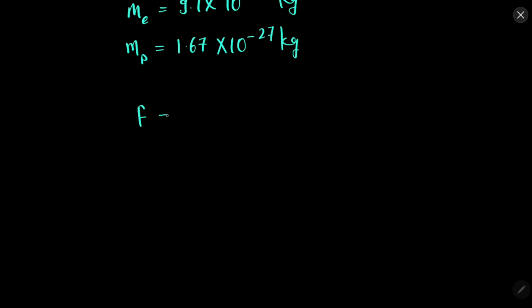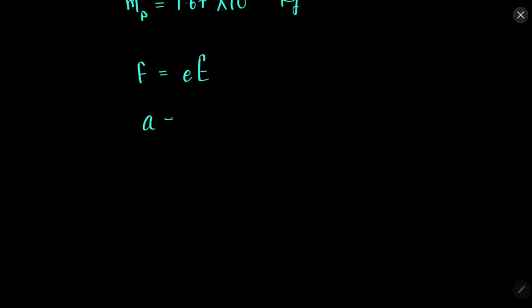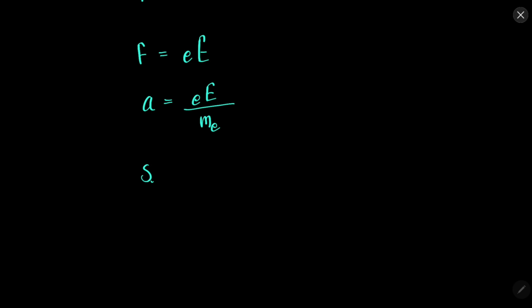So force experienced by electron will be charge into electric field, and acceleration will be charge into electric field over the mass of electron, and displacement will be ut plus half at square. Initial velocity is 0, therefore only half at square. So a is this much and then t square.